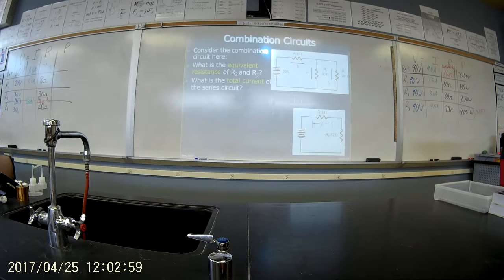So since it represents a parallel section, and each branch in a parallel section gets the same voltage, then R2 and R3 both get 36 volts. In parallel, all branches share the same voltage. Yep. What's the same in parallel is voltage. What's the same in series is current. Okay. Can you finish this? Yeah.